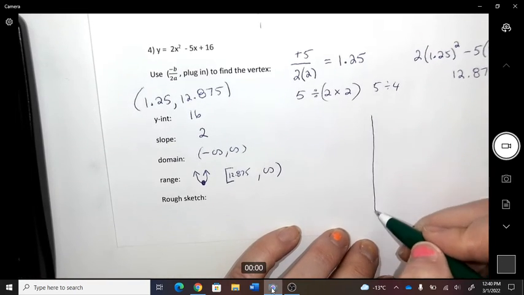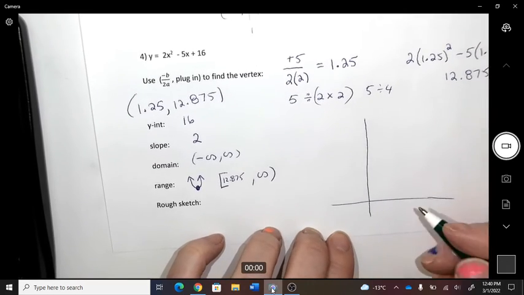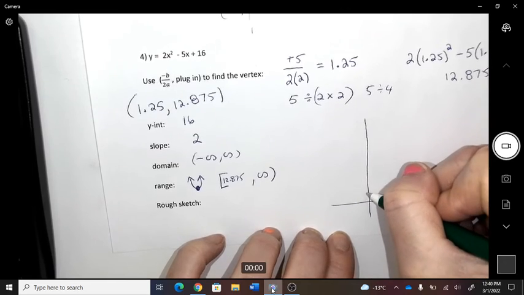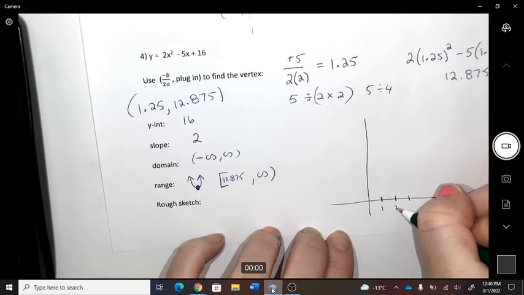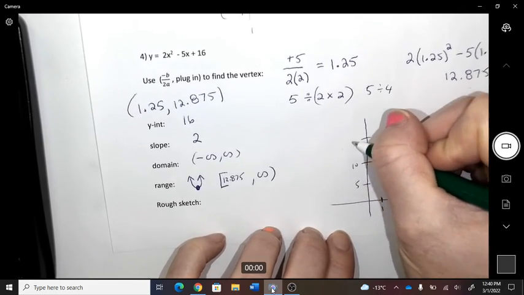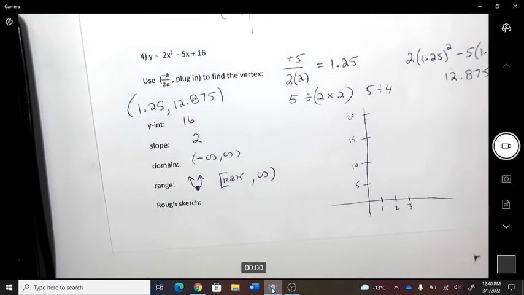If you were to draw just a rough sketch, because we're not going to do points on this, I'm going to go 1, 2, 3, and then 5, 10, 15, 20.